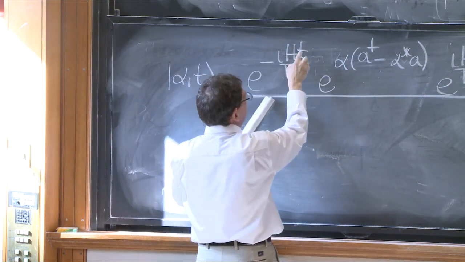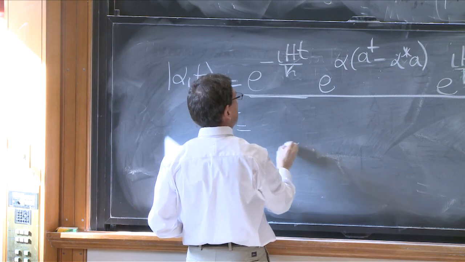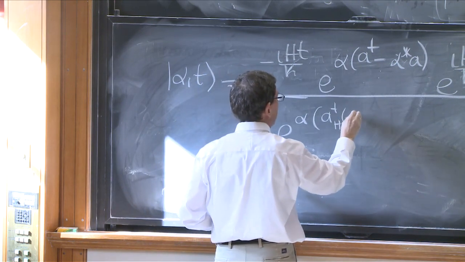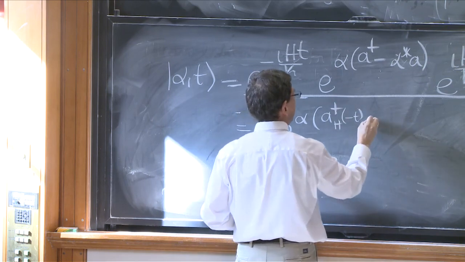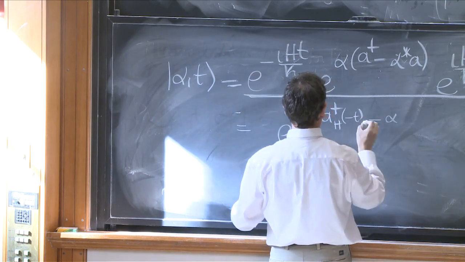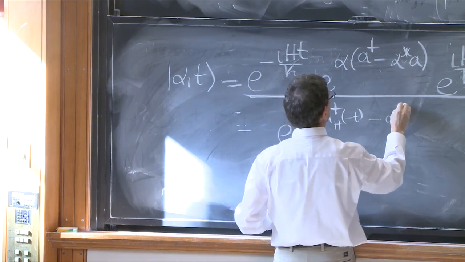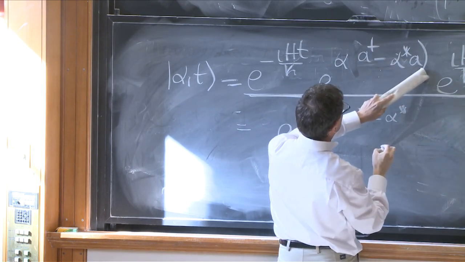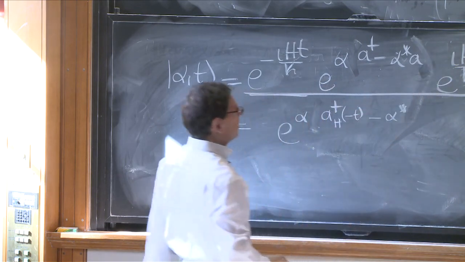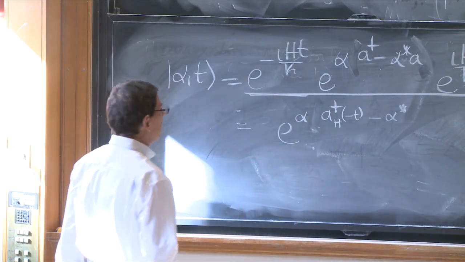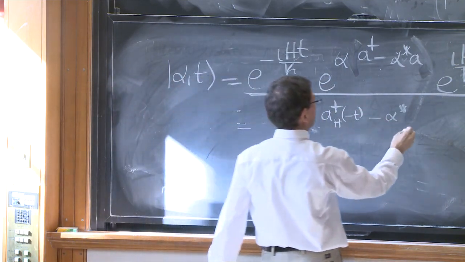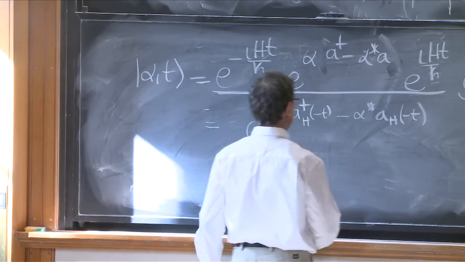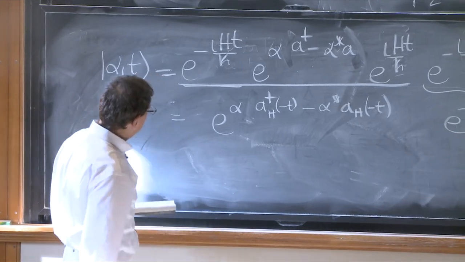So this is e to the alpha a Heisenberg at minus t dagger minus alpha star a Heisenberg of minus t acting on this thing.